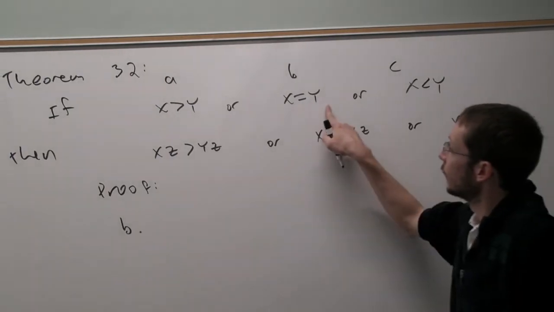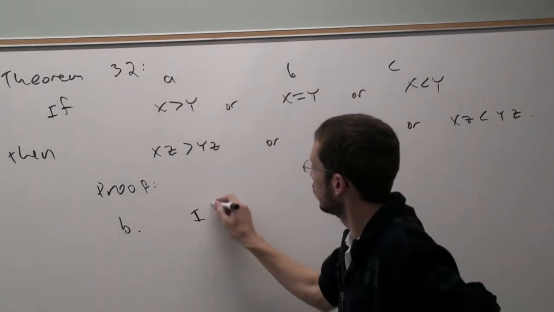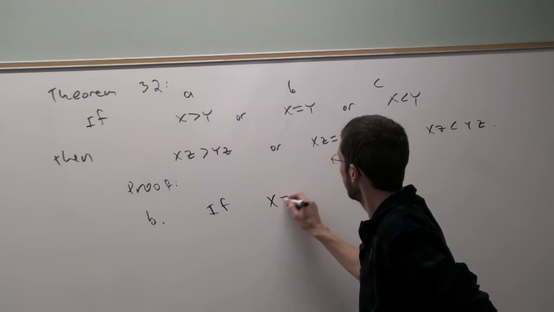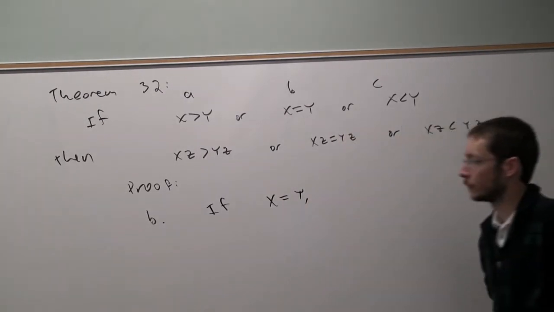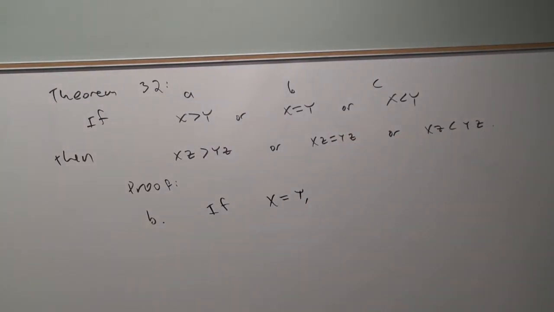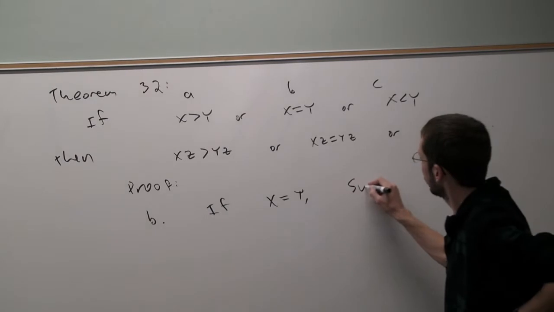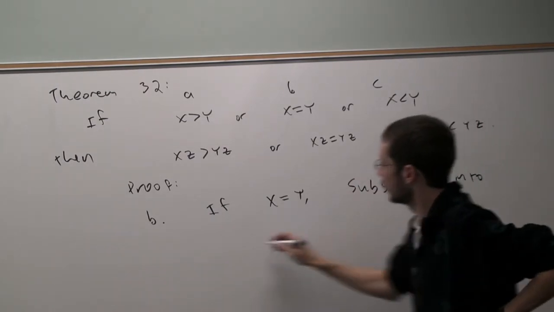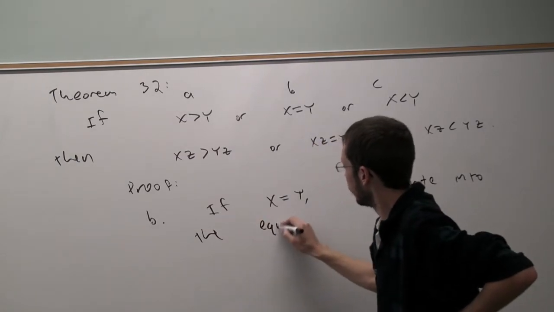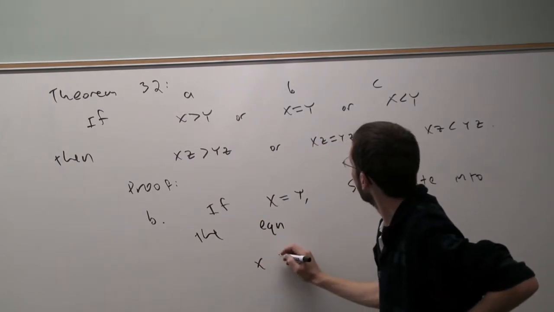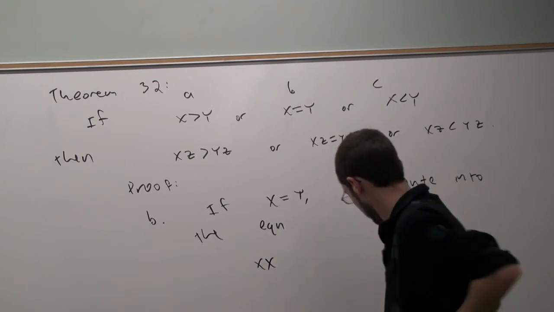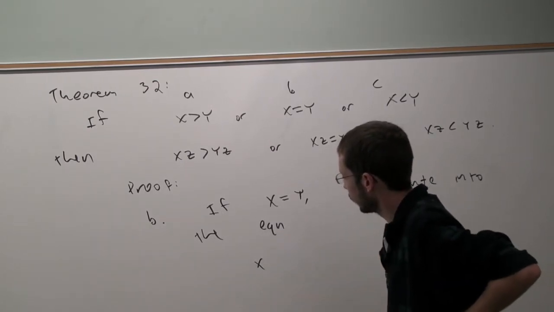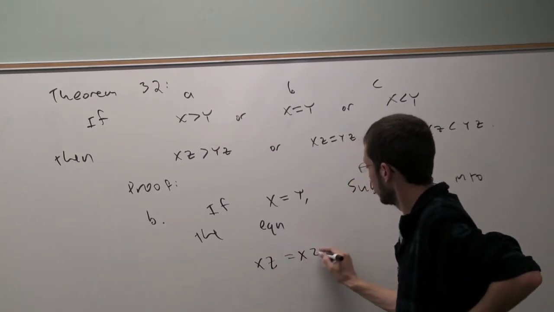So for part B, we say, let x equal y. We're going to substitute this into the equation xz equal to xz, right?